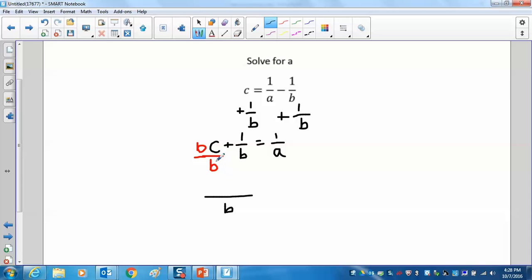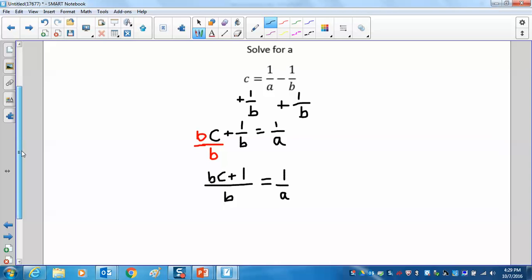And our numerator is bc plus 1. So what we've done is we turned the left side of our equation into one fraction. We took c plus 1 over b and we used our common denominators to add them together. And now we're almost there.